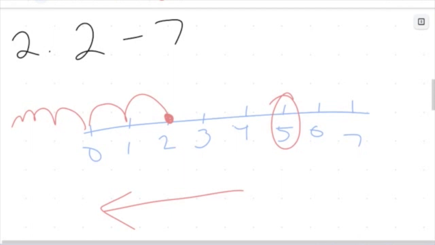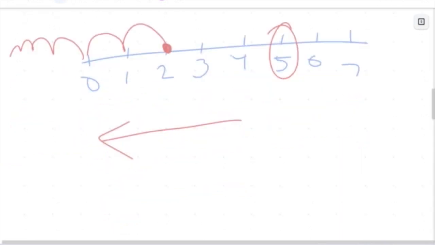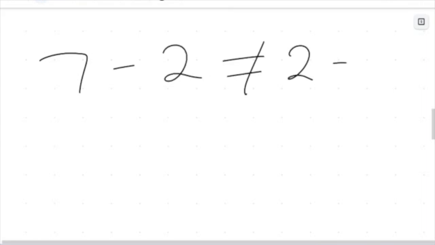So here we notice, and we're not going to talk too much about these numbers smaller than 0 just yet, but hopefully this gives you a visual idea that 7 minus 2 does not equal 2 minus 7. This symbol I've written here, an equal sign with a line through it, just shows that what we have here does not equal what we have here.